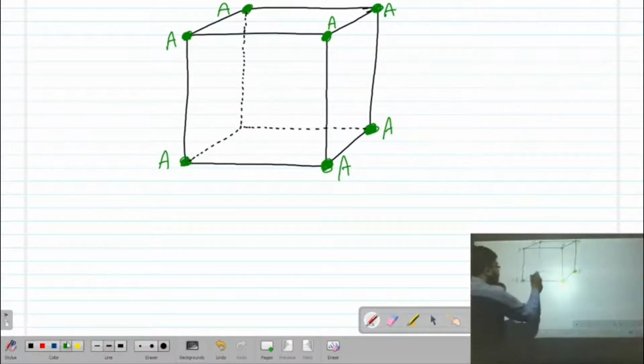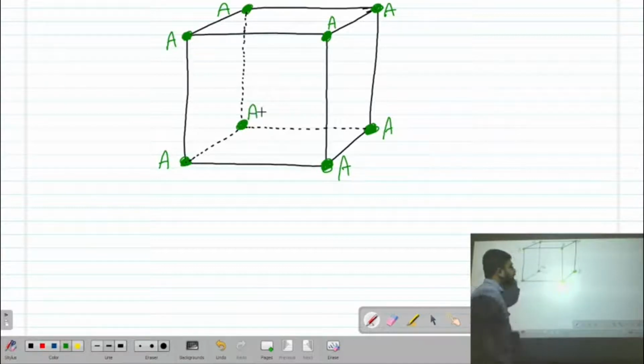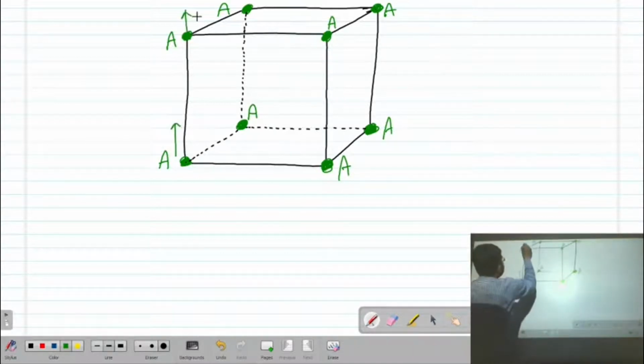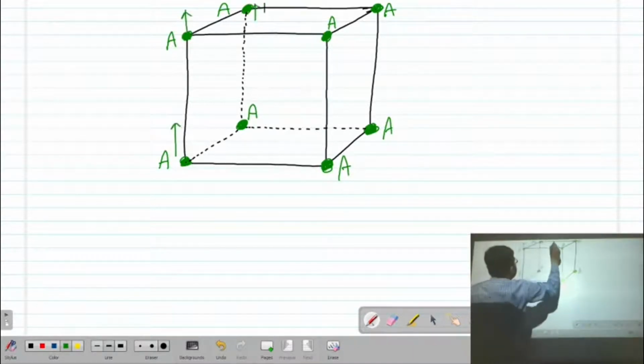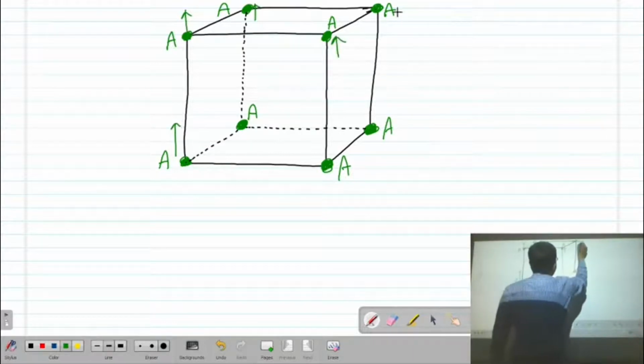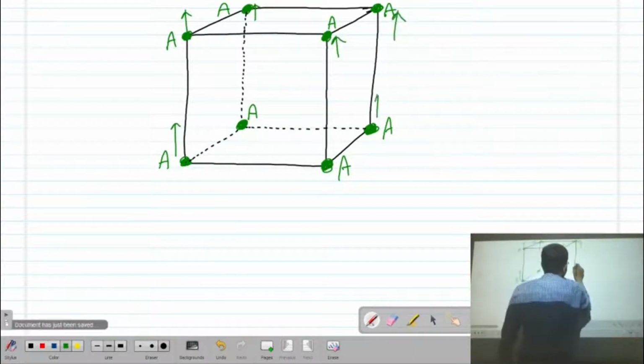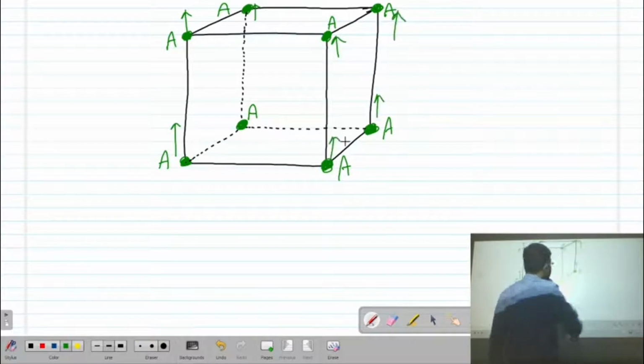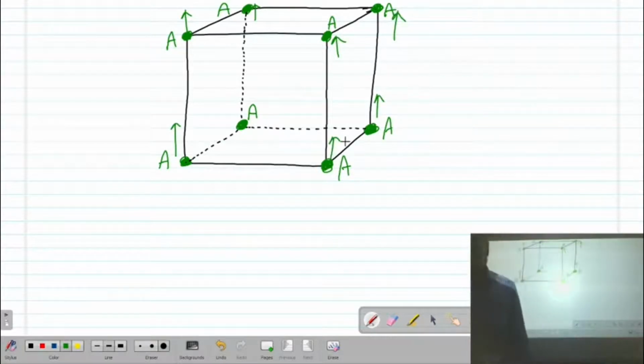So this is also A. Now A has a magnetic dipole moment in the upward direction. This is the direction of the dipole. Now let us assume that a B atom exists at the center.